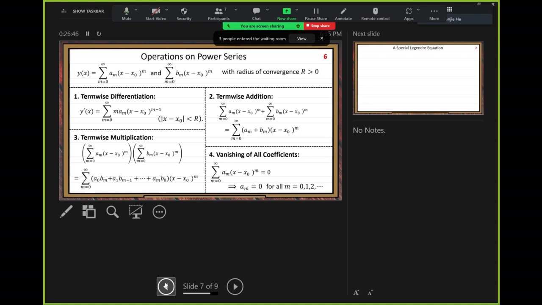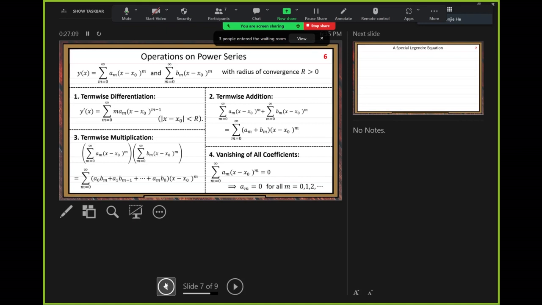So these 4 properties should be enough for us to solve ODE using the power series. Only the third one is a little hard. We didn't use the third one.